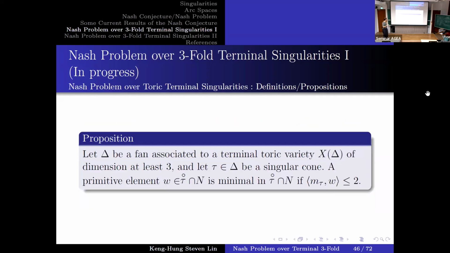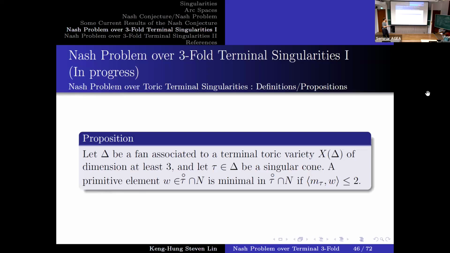The core of this result is to analyze the minimality and the inner product with respect to m_τ for a given singular cone τ.